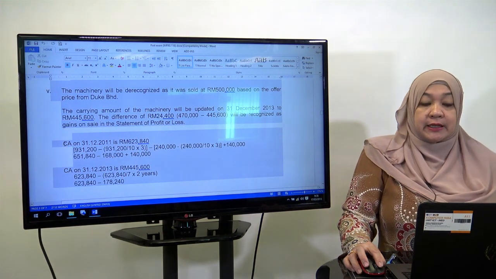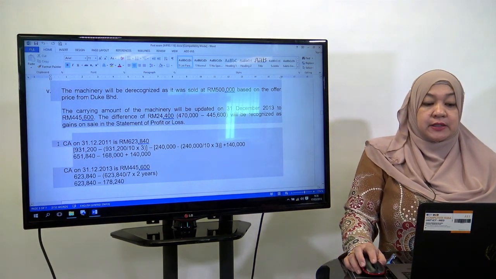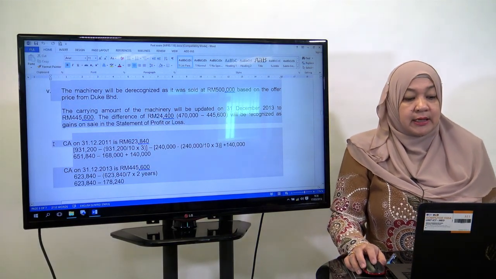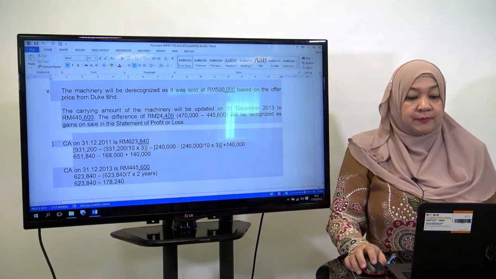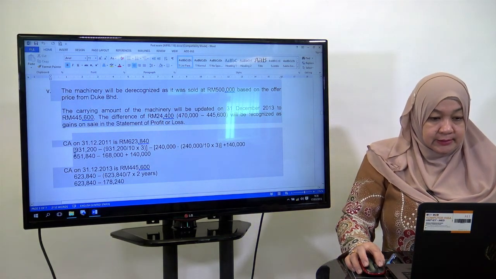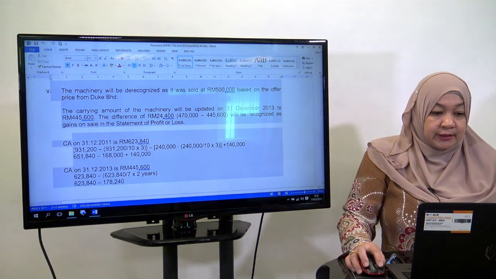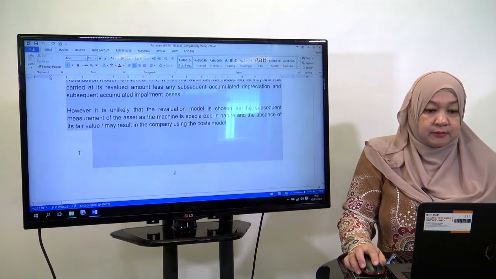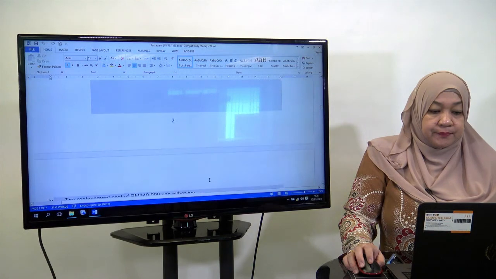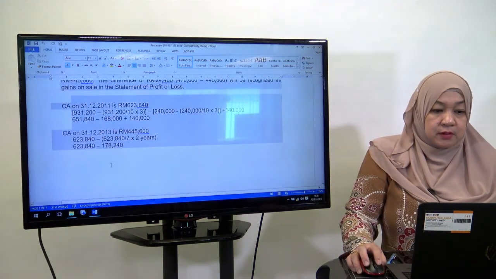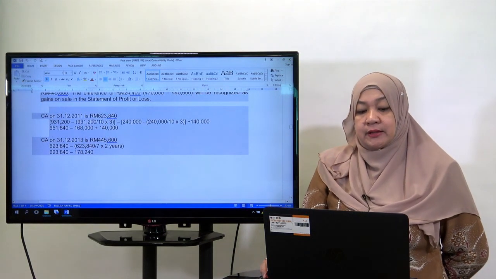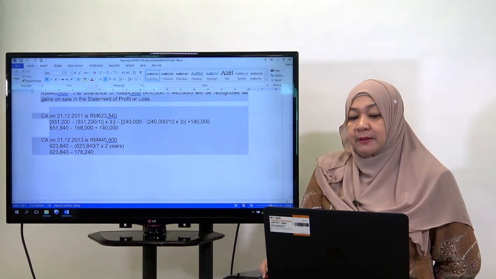First determine the carrying amount as at 31st December 2011, which is 623,840. Alright, so that is 931,200, the total cost of the machinery, minus 931,200 divided by useful life 10 times 3 years.